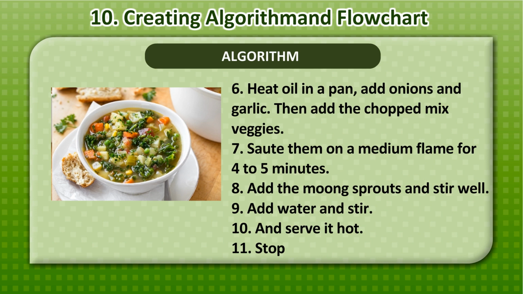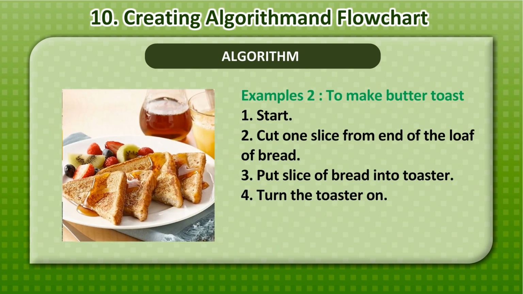Add onions and garlic. Then add the chopped mixed veggies. 7. Saute them on a medium flame for 4 to 5 minutes. 8. Add the moong sprouts and stir well. 9. Add water and stir. 10. And serve it hot. 11. Stop.